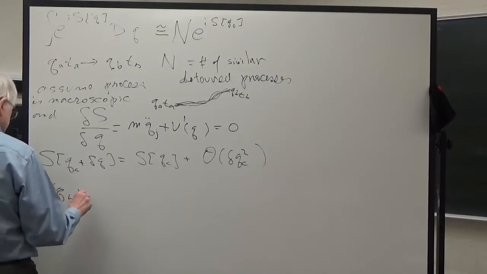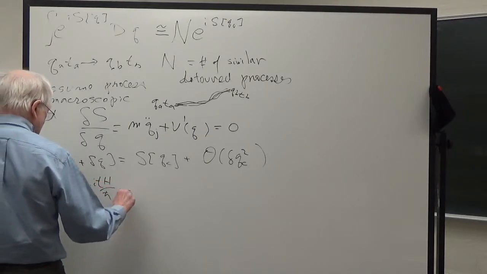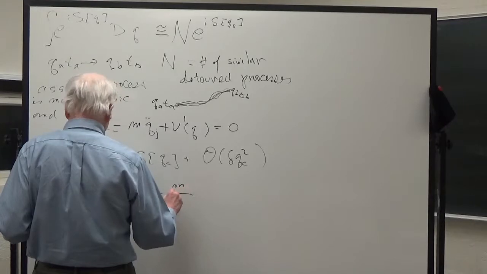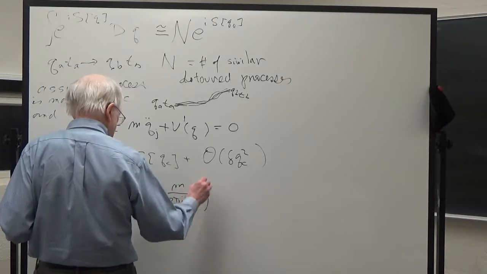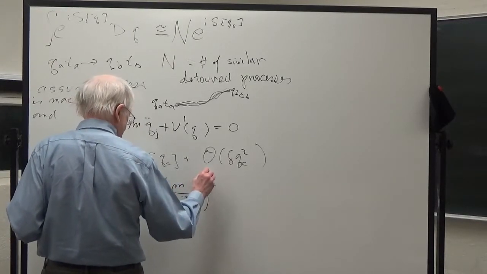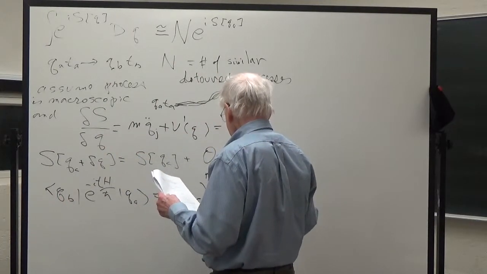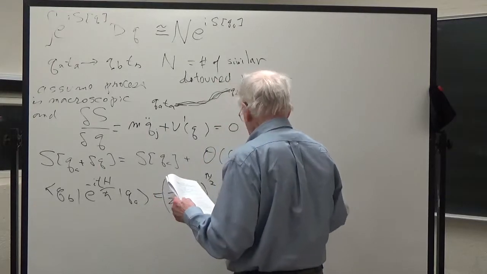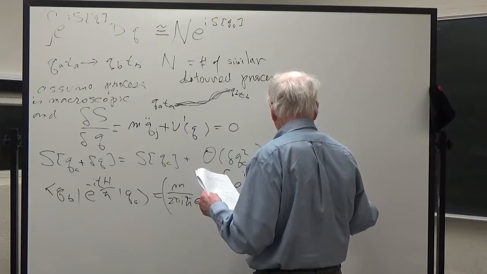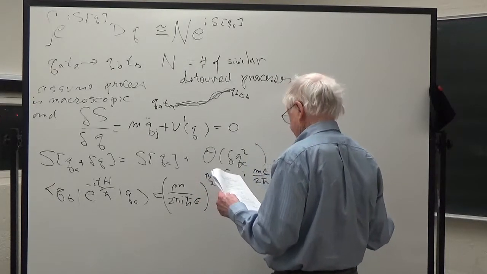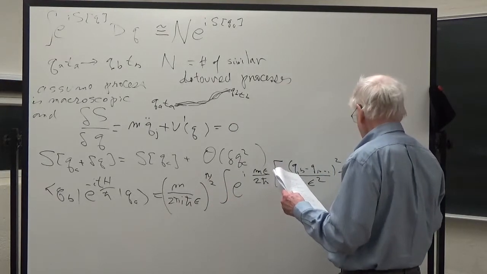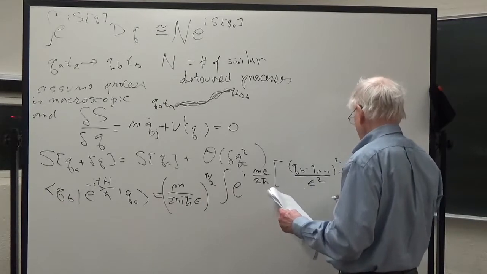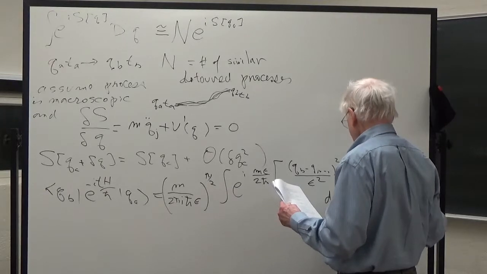Well, the amplitude <QB| e^(-iTH/ħ) |QA> turns out to be (m/2πiħε)^(n/2) times an integral of e^(i mε/2ħ [ (QB - Q_{n-1})²/ε² + ... + (Q1 - QA)²/ε² ]), integrated over dQ_{n-1} through dQ1.